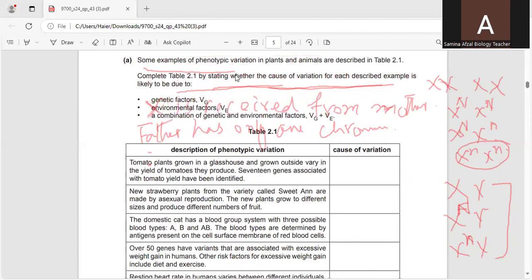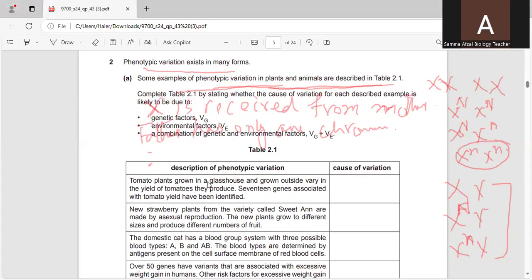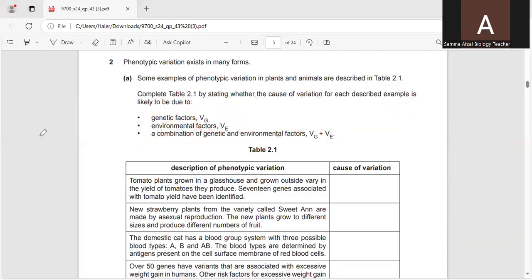Now we are moving towards question number two. Phenotypic variation exists in many forms. Some examples of phenotypic variations in plants and animals are described in table 2.1.